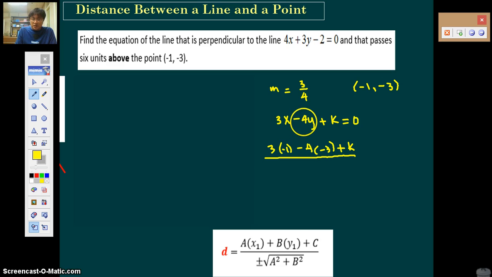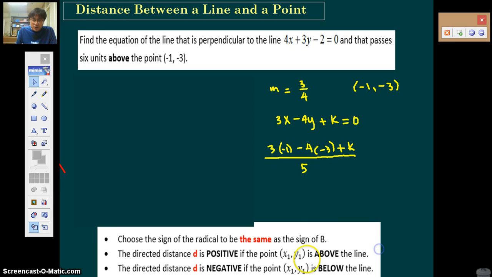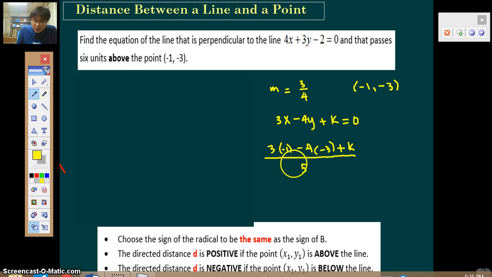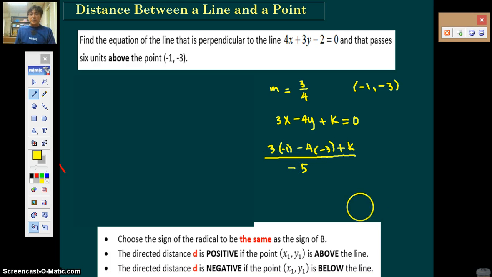A is 3, b is negative 4. When you do a squared plus b squared, you get 25. The square root of that is 5. Now, do not forget, we should choose the sign the same as the sign of b. Our b here is negative, therefore we put a negative in the denominator.